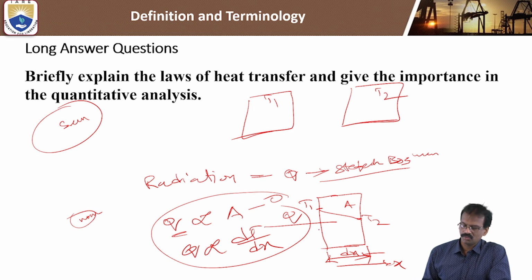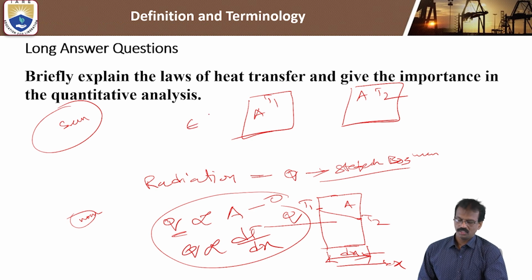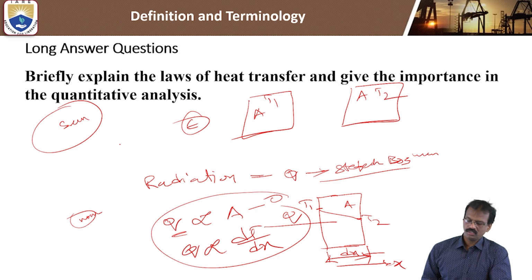If you consider the area of both plates to be the same, A, then you can consider emissivity, the ability to transfer heat through the radiation process. If you consider this emissivity, then the formula will be like this.